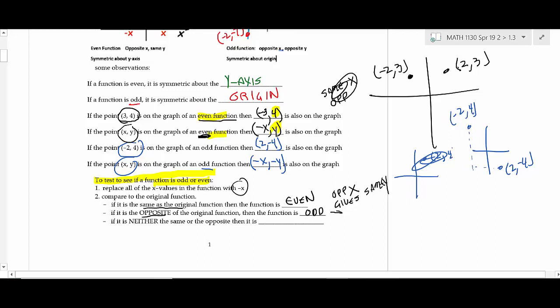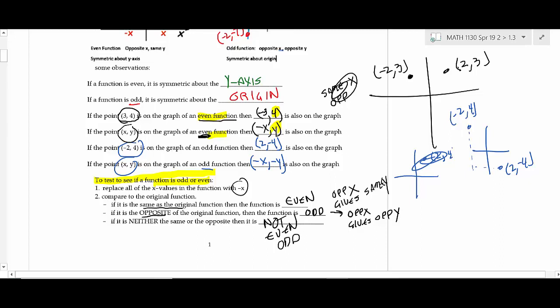So if you're going to show something's odd, you're going to show that an opposite x gives an opposite y. And neither would just be you end up with something that is not even or odd. That would just be if neither condition holds.